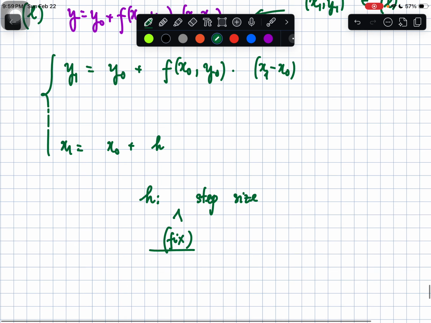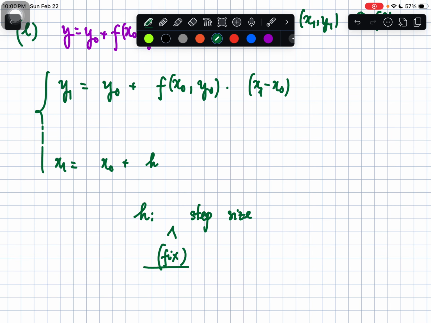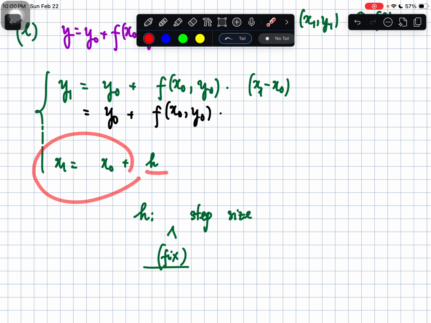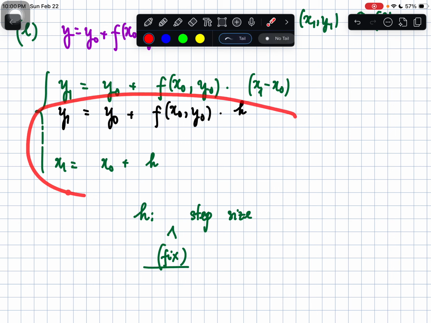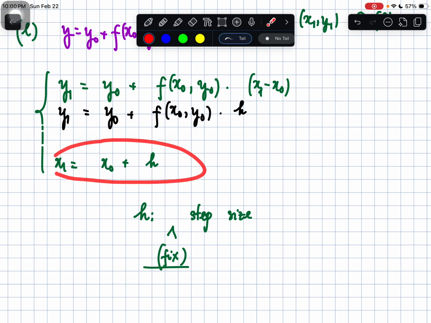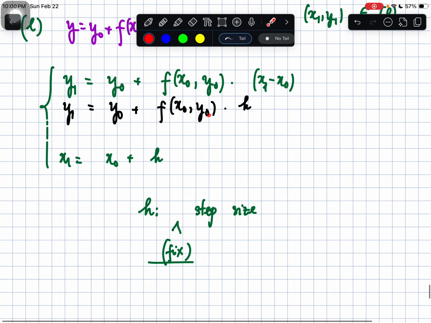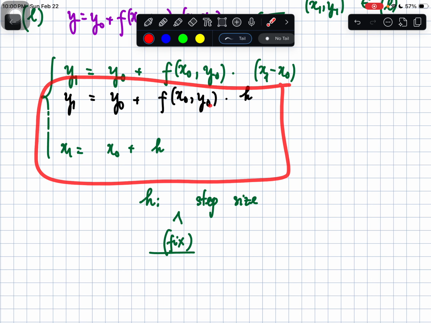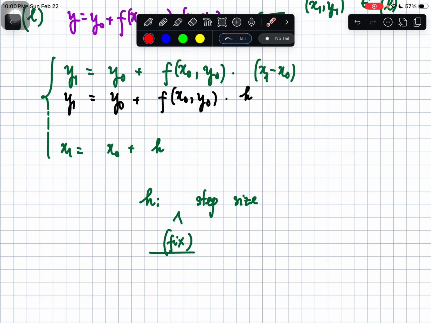So now the first equation becomes y1 equal to y0 plus f(x0, y0) times (x1 minus x0), which is h. So you see that we have our first approximation, x1, y1: x1 is x0 plus h, y1 is y0 plus f(x0, y0) times h. And with that, you will do similarly to approximate the next point.